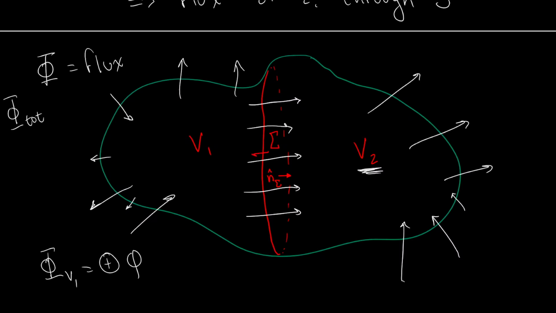If I define the normal vector to always point out of my volume, so I'll call this 1, then my normal vector for V2 is pointed in the opposite direction. So that phi of V2 is equal to minus phi.